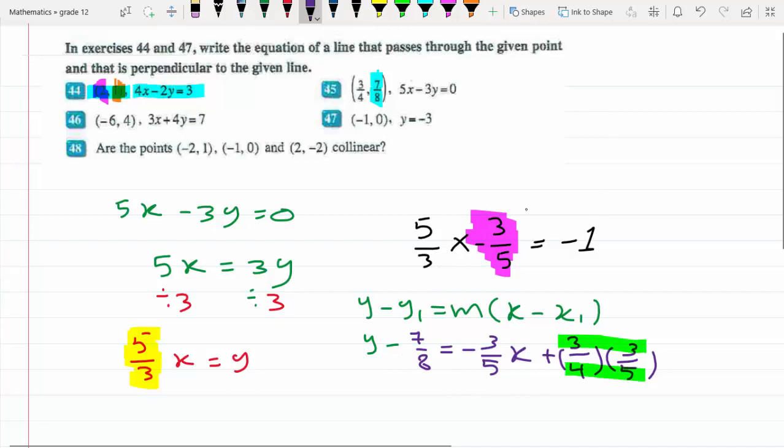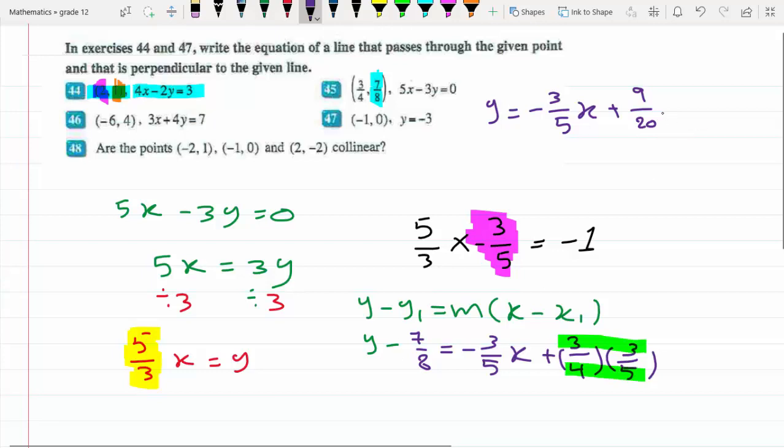Now it will be y equals, this negative 7 over 8 is negative here, it goes to the other side, it will be positive. Negative 3 over 5x. Multiply these two numbers. 3 times 3 is 9 over 4 times 5 is 20.